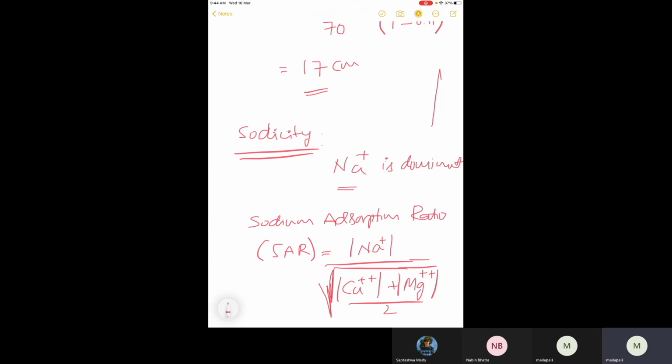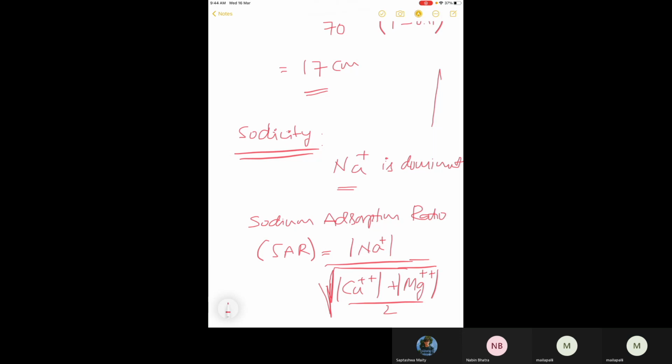So not only salinity, you also should know the sodicity. Knowing these two, the EC value and the SAR value, is important in order to understand the degree of hazard to the plant.